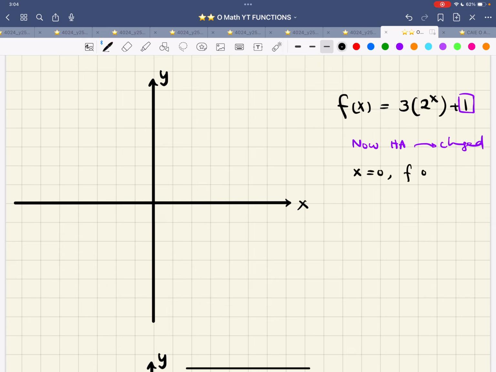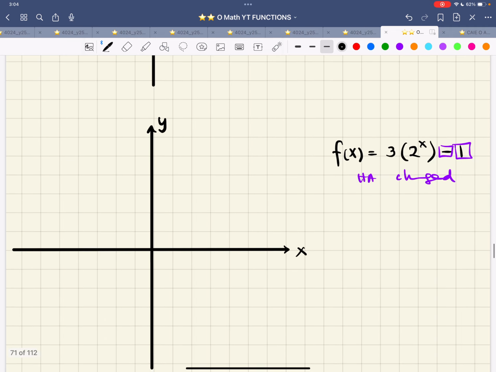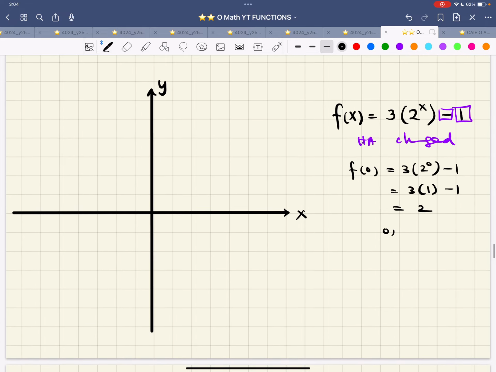So f of 0 is 3 into 2 power 0 minus 1. That is 3 into 1 minus 1. That comes out to be 2. So the y-intercept is 0, 2. And over here, f of 0, that is 3 into 2 power 0 minus 1. That is 3 into 1 minus 1. 3 minus 1 is 2. So therefore, y-intercept is 0, 2.